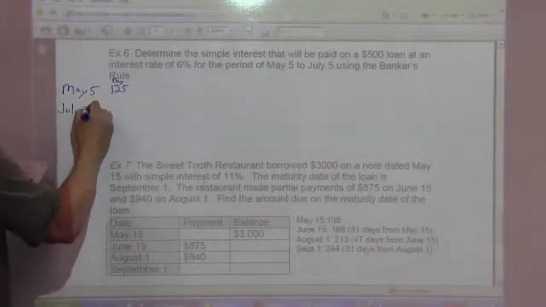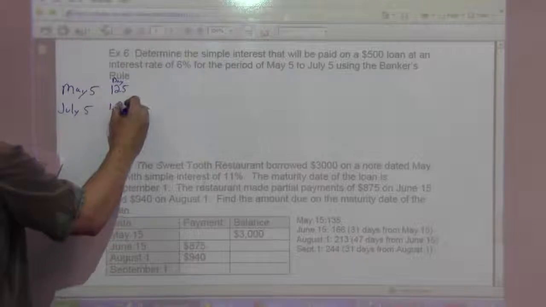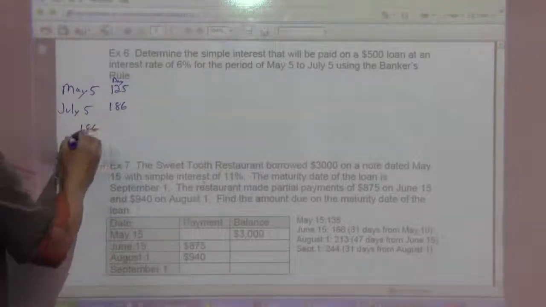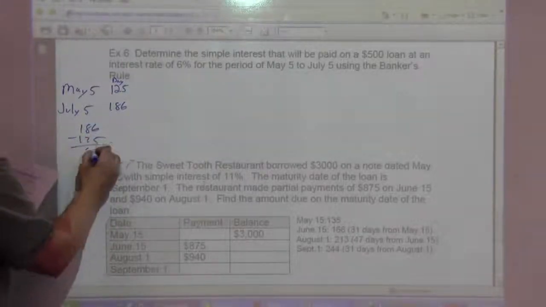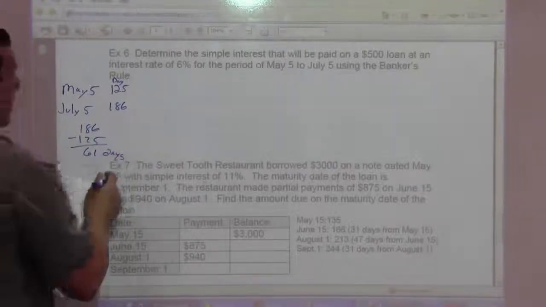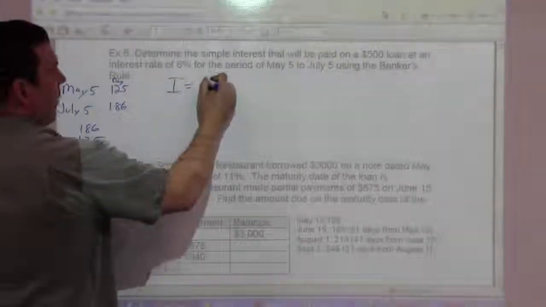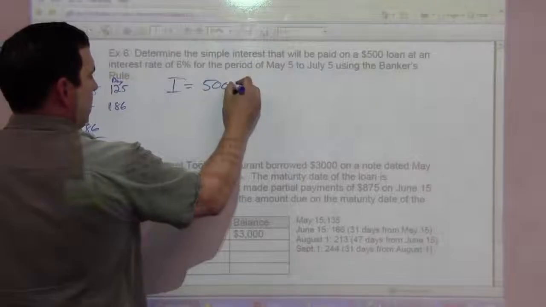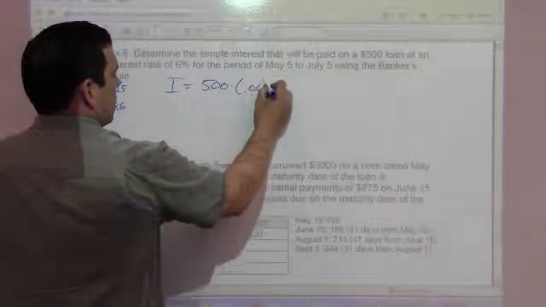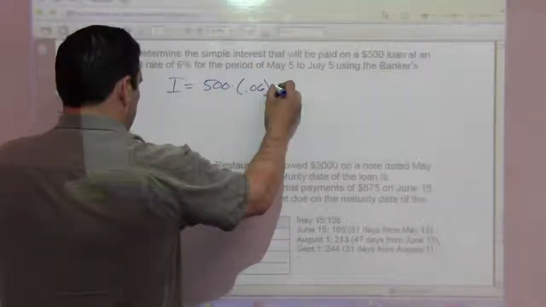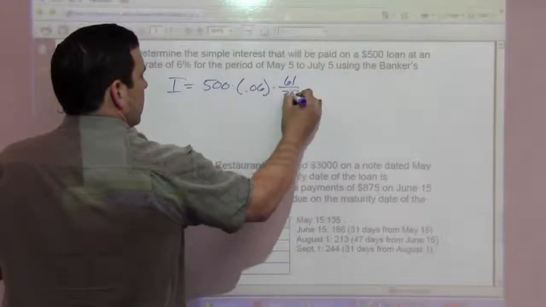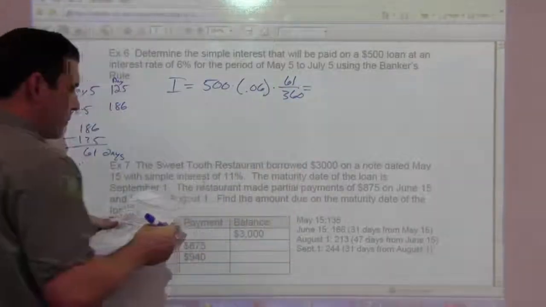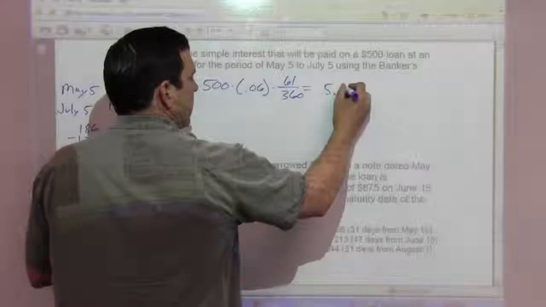July 5th is day 186. 186 minus 125 is 61 days. So the interest is going to be 500 times 0.06 times 61 out of 360. You get $5.08.